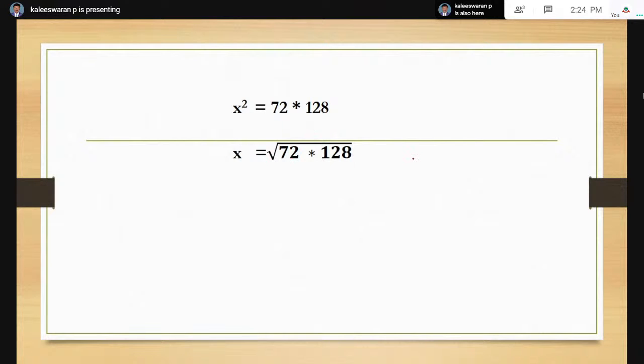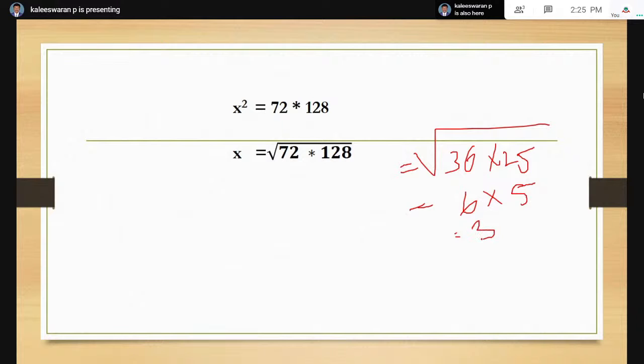Suppose the question is like root of 36 into 25. You will get the answer very easily. Compared to this problem, root of 36 into 25 is very easy. Root of 36 is 6 and root of 25 is 5. So the answer is 30.